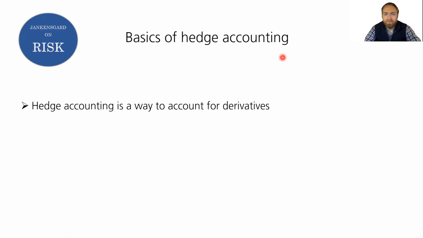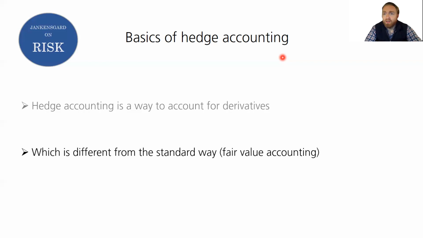All right, so starting with a very basic observation here, hedge accounting is a way to account for derivatives. It's a set of principles for how we can show these derivatives in the financial statements. So there have to be some principles to guide that, right?